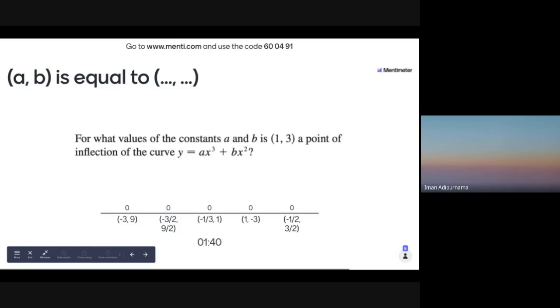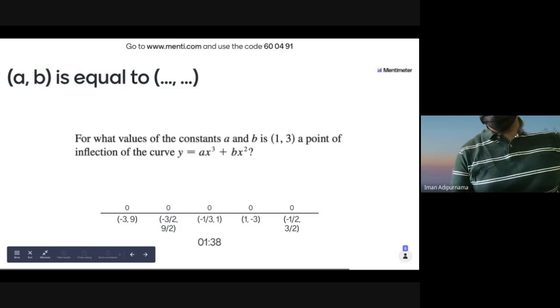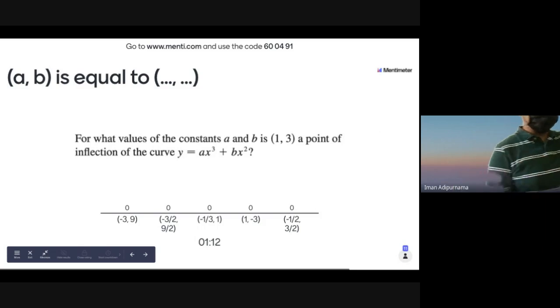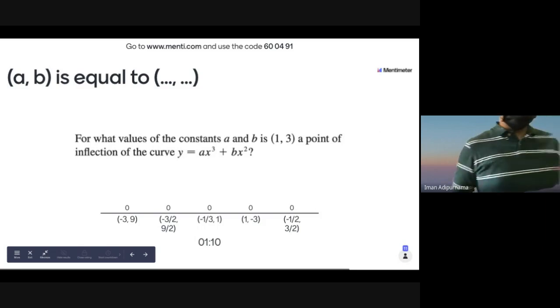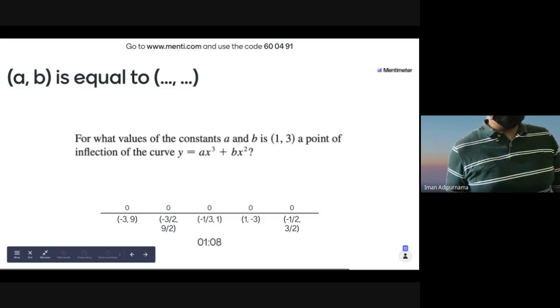So now it's a little bit different. I hope you get it.